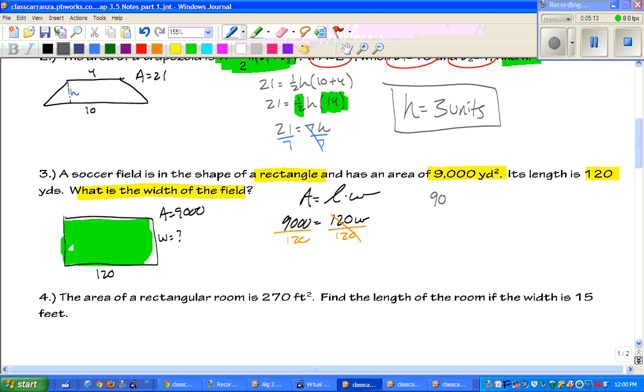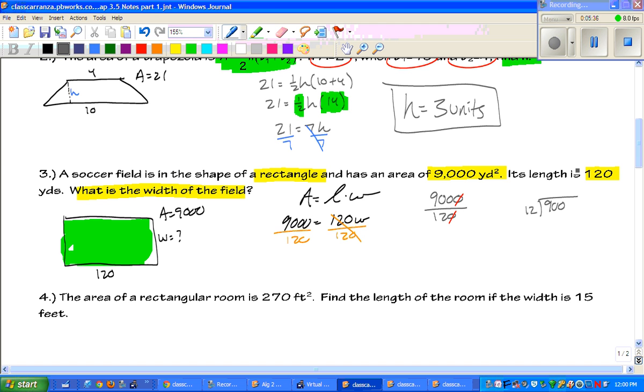Now, off to the side, we have 9,000 over 120. How do we do that? Well, there's a trick where we can eliminate the zeros like that. And now we just have to do long division for 900 divided by 12.